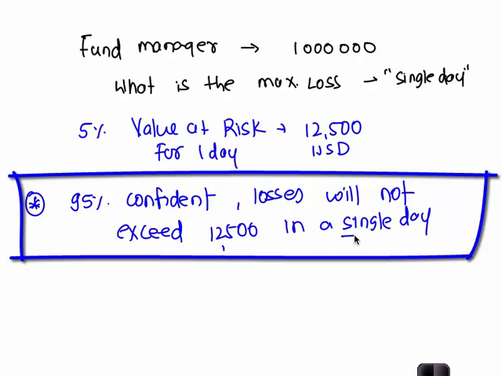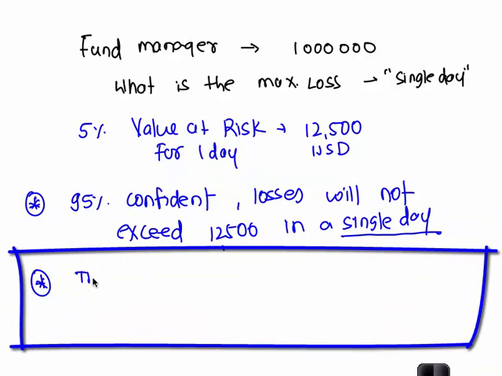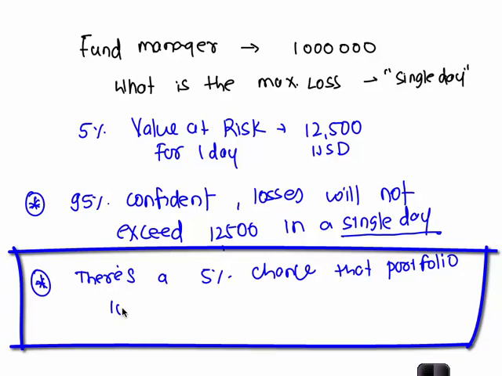This is very important because we calculate value at risk for different time periods. Currently we are doing an example on single day VAR. So this is the first interpretation. The second interpretation is that there is a 5% chance that portfolio losses will be 12,500 or more.